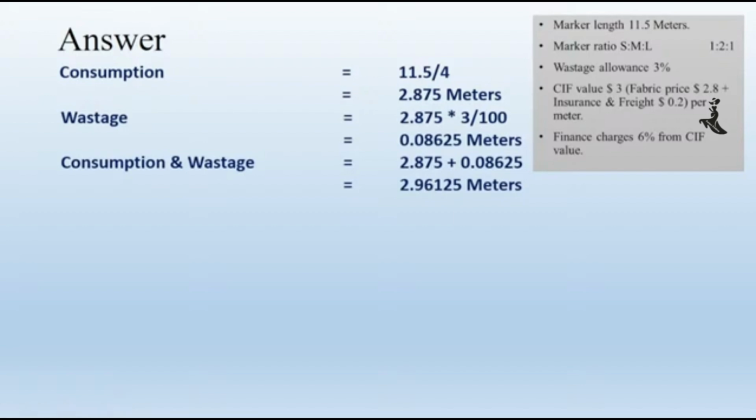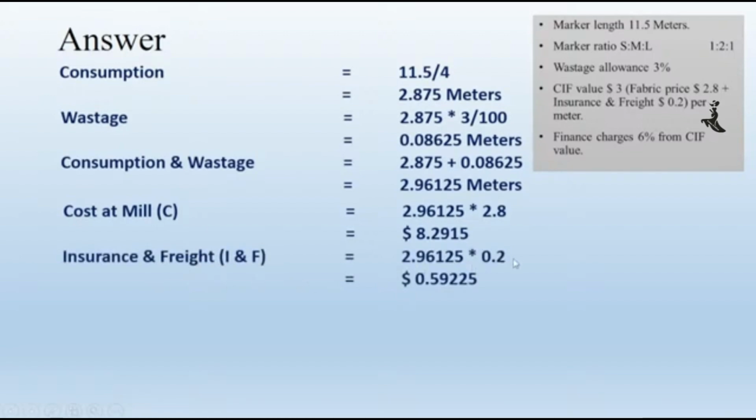Now the fabric mill we have to pay, we can say it's C, it's also a cost. So 2.96125 into 2.8, the price per meter, is 8.2915 for the fabric mill, that is C. And insurance and freight is 0.2 per meter on the required fabric, so 2.96125 into 0.2 is $0.59225, the insurance and freight.